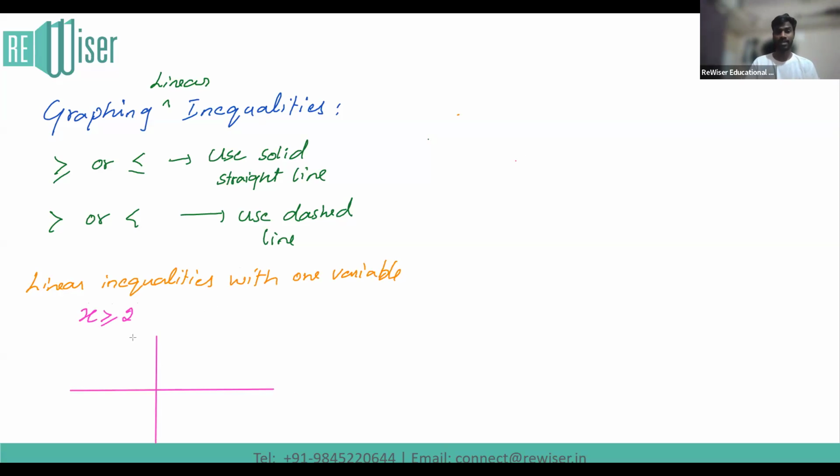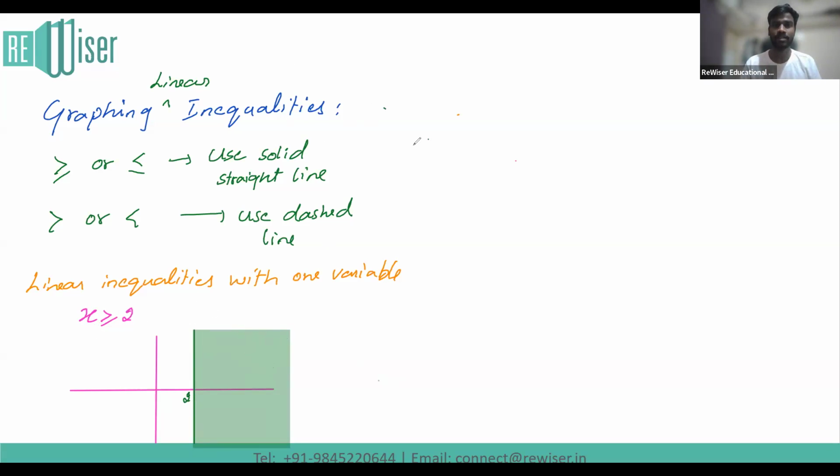Whenever we say x equals some constant, that's going to be a vertical line passing through 2. The solid line is because there is a greater than or equal to. Since it's greater than or equal to, I have to shade the region to the right side of this line. So my region would look something like this. Whatever points you take in the shaded region will satisfy this linear inequality.